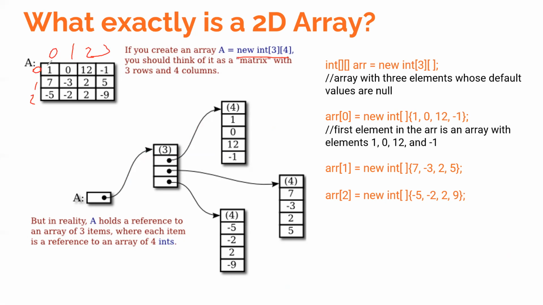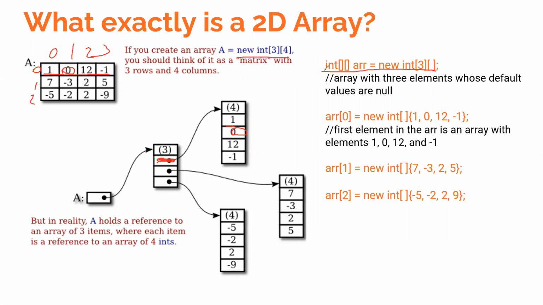So this here is our first row, and that is whatever is in here. We think of our 0th row as our first array, right here. And then these are the columns within it. So this is row 0, and this is column 1, for example. And it matches up exactly.